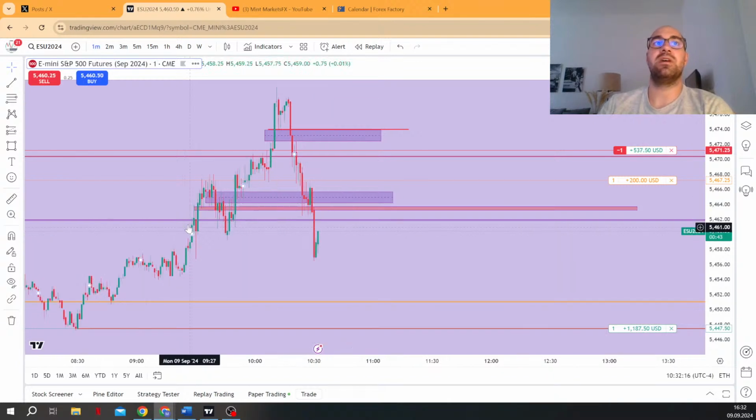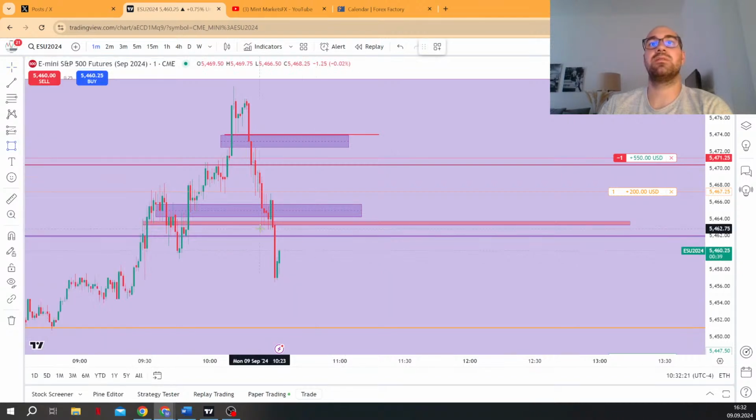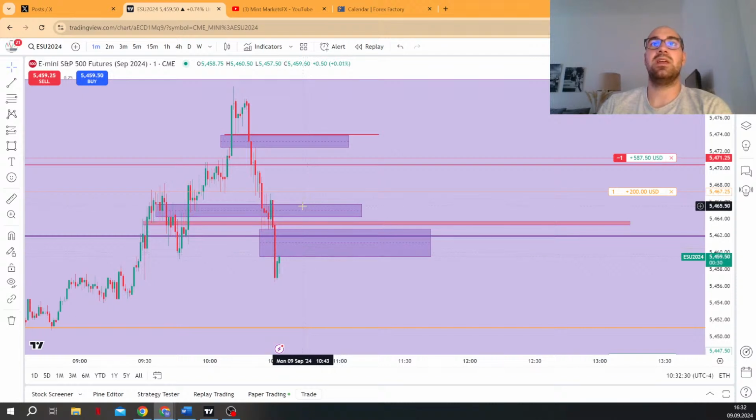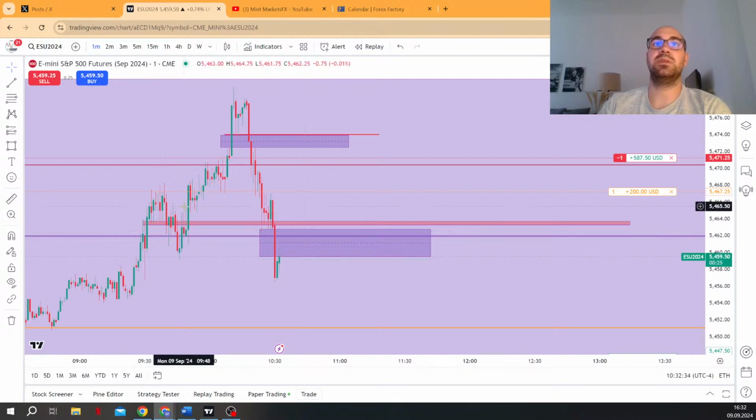We have another fair value gap here. We can observe one and see if that will be respected. Midpoint is here. We can take out this inversion fair value gap here. It's too busy, unfortunately. And we can see if this is another entry lower here.